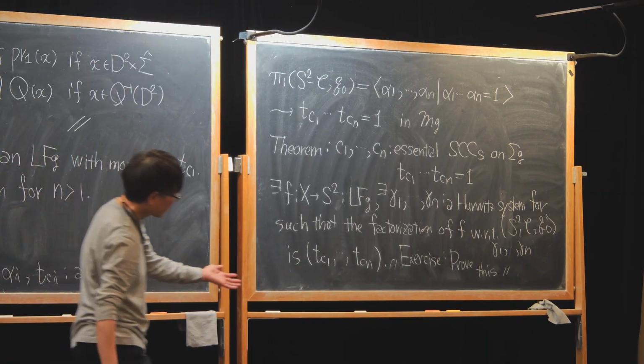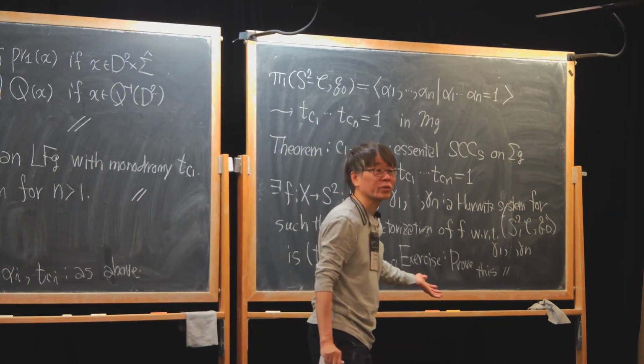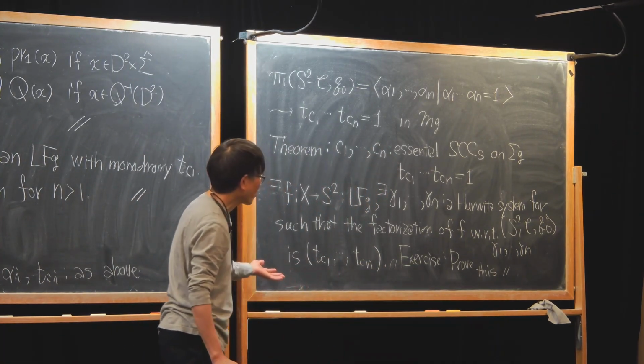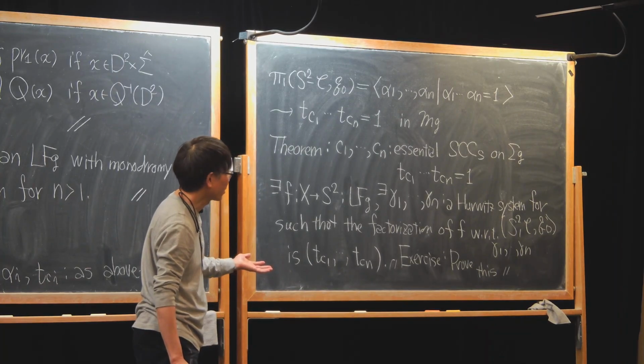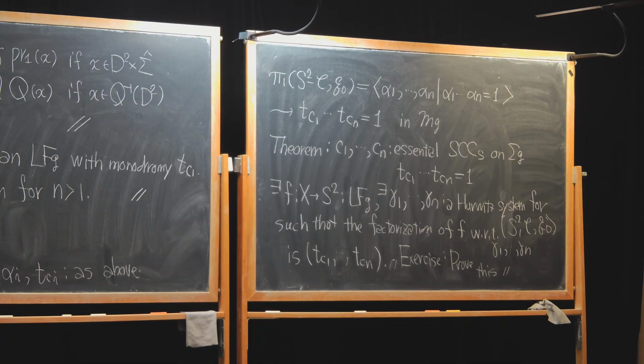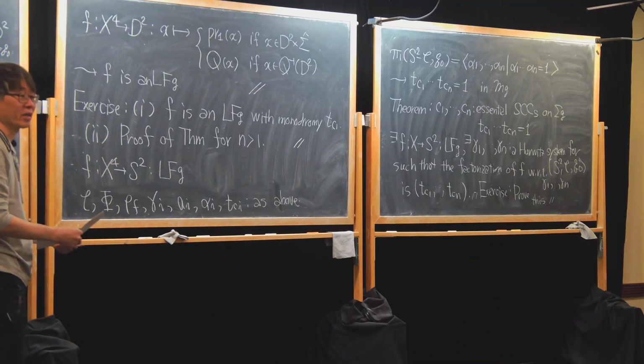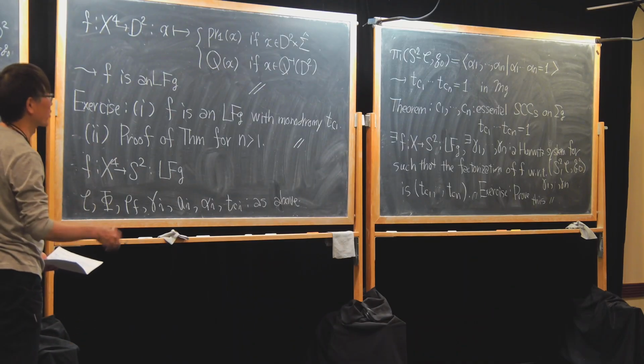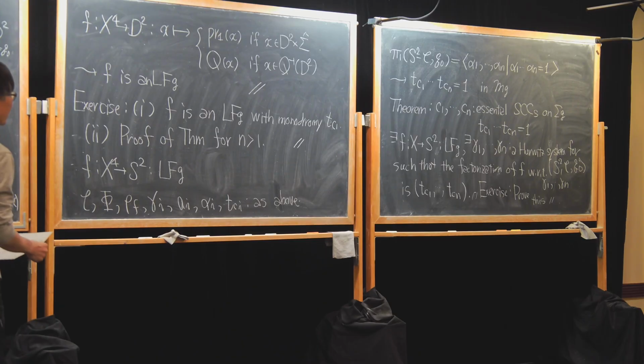So this is also not so difficult because you already have the Lefschetz fibration over D2. So you only have to consider how to close, how to make a closed manifold by using a trivial bundle over D2. Okay.